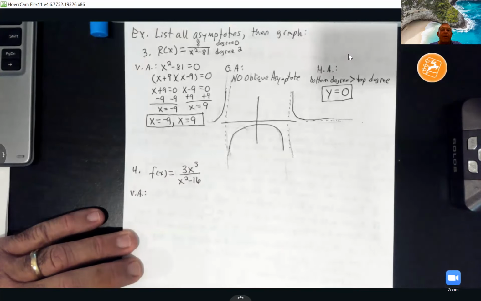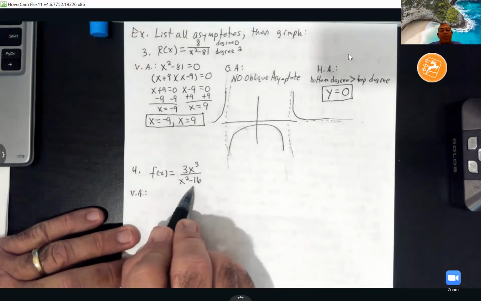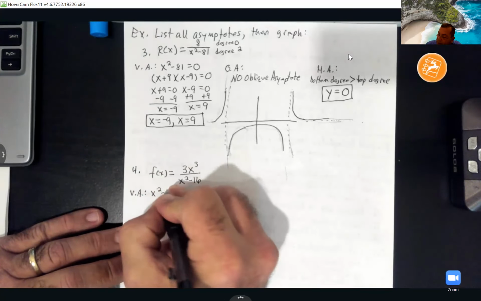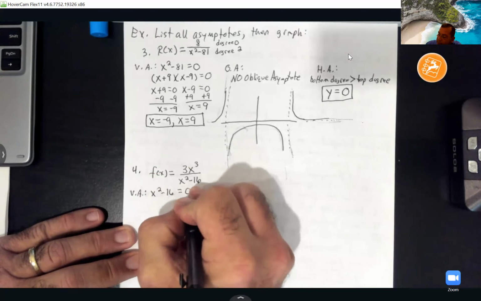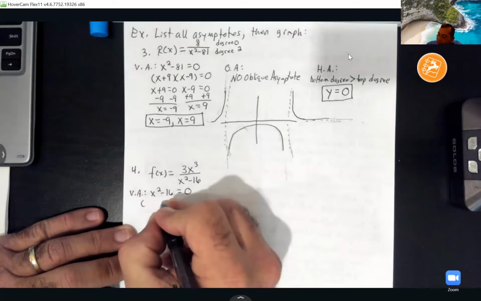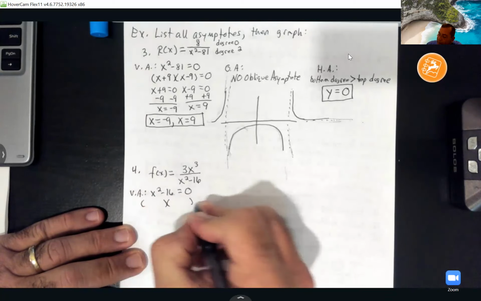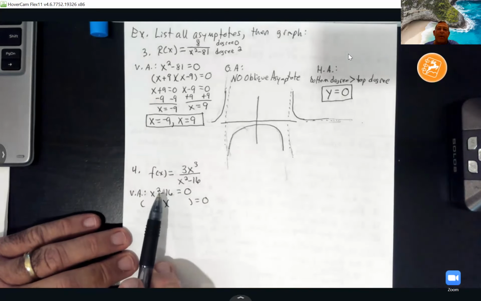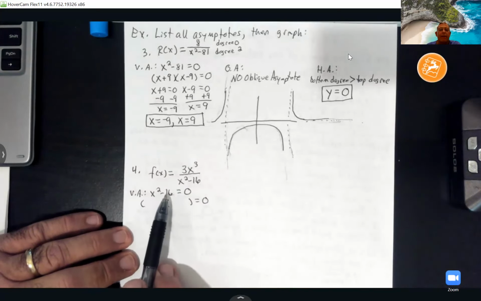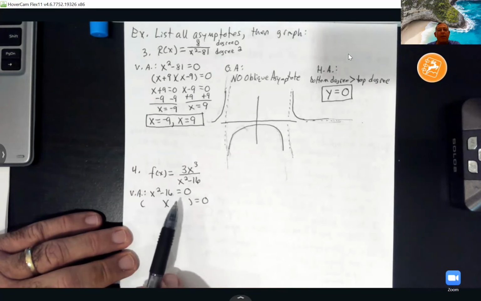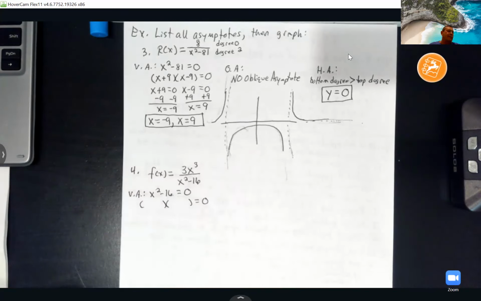So starting with our vertical asymptote, we're going to take the bottom of the fraction, set it equal to 0. All right, then we're going to factor that. So this is the difference of perfect squares again. So since that's perfect squares, what is going in these two parentheses?